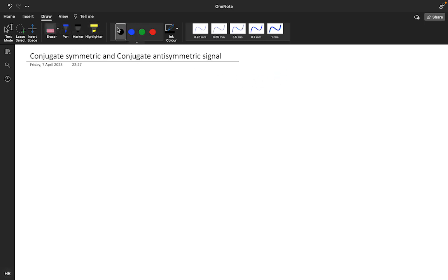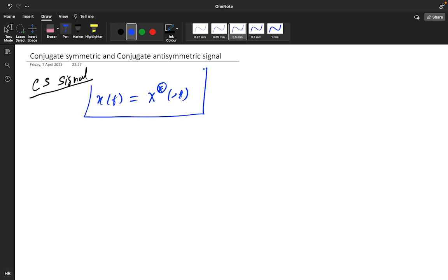Okay, so write the conjugate symmetric signal. First is your conjugate symmetric signal. Conjugate symmetric signal means your x of t will be equal to x conjugate of minus t. This is your conjugate symmetric signal.